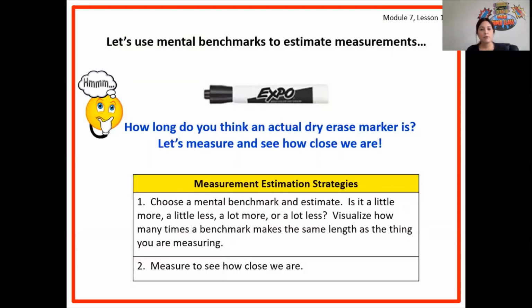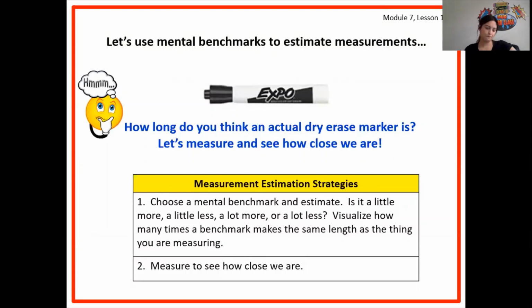So if you have an Expo marker, go ahead and measure it, okay? And let's see what the width is. I have one here, I don't know what happened to it. Weird. Okay, but first let's guesstimate. I think it's about 5 quarters, right? 5 inches.